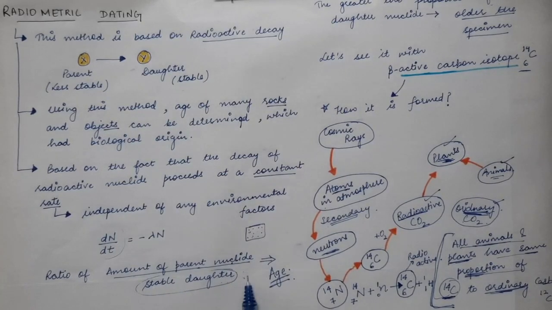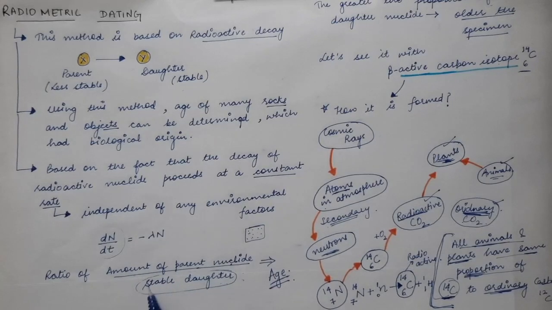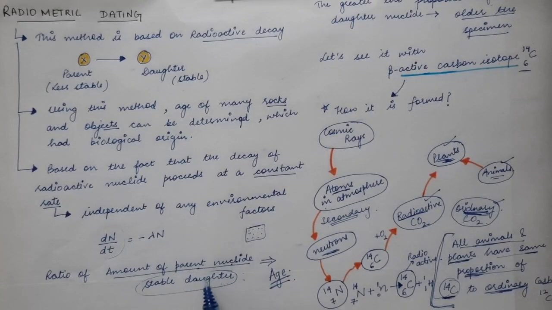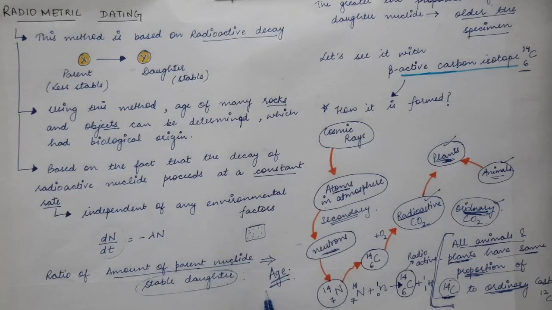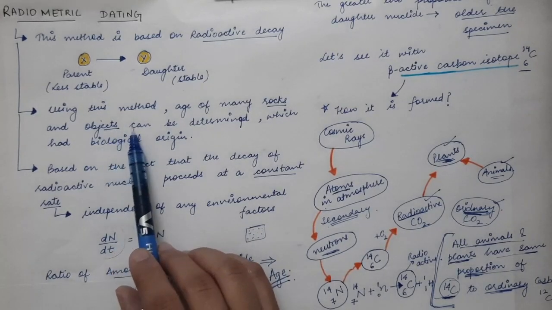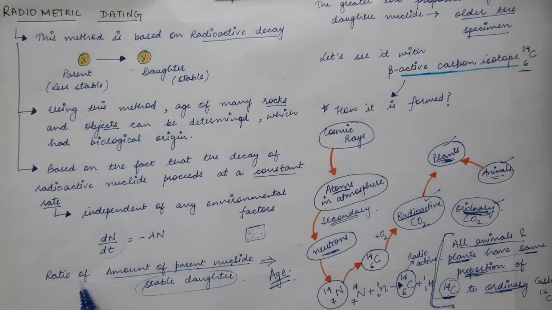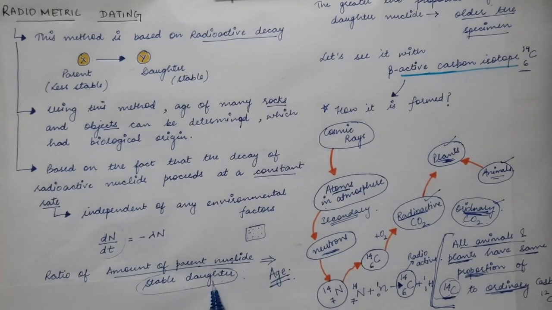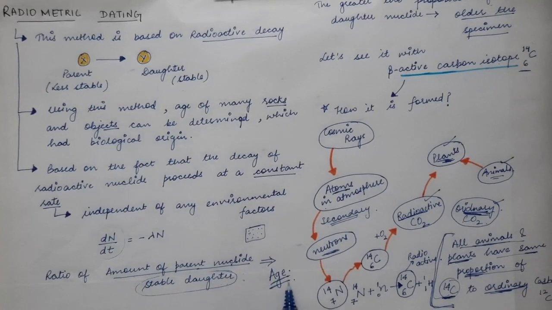We find the ratio of the amount of parent nuclei to the amount of stable daughter nuclei, and if more daughter nuclei is present, it means the age of that object is very large. This ratio helps us in determining the age.